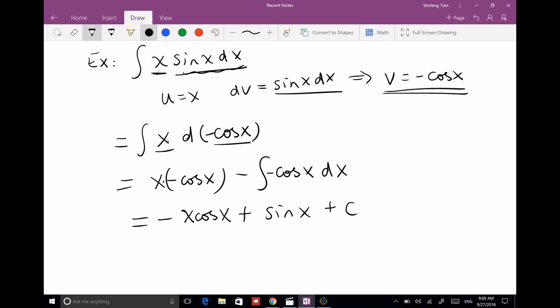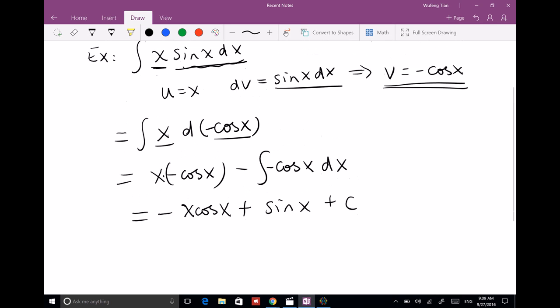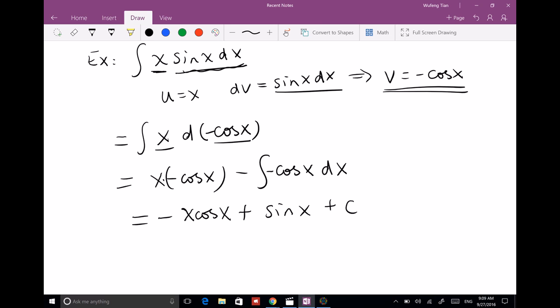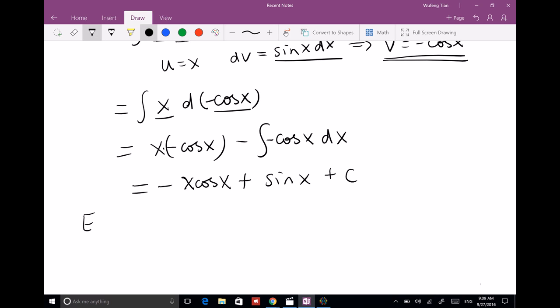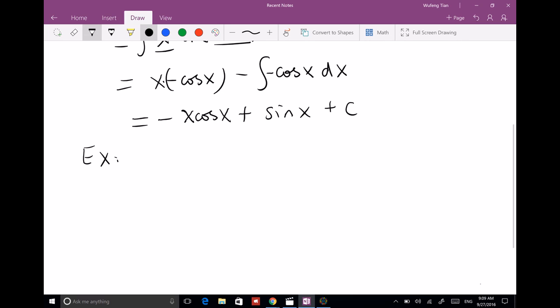Okay. Let's look at the next example: the integral of x ln x dx.